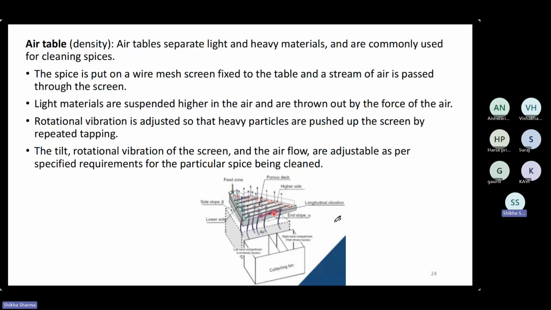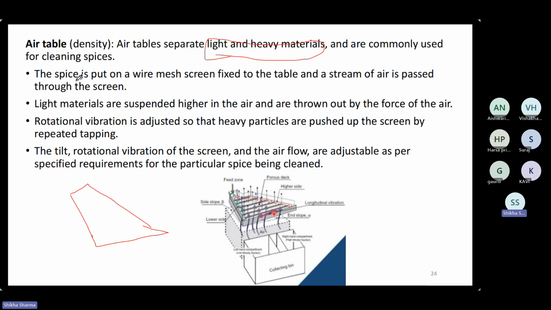Then there is the air table, a system which separates based on density. So tables like this are there, air tables. Air tables separate light and heavy particles, so based on density, it separates.